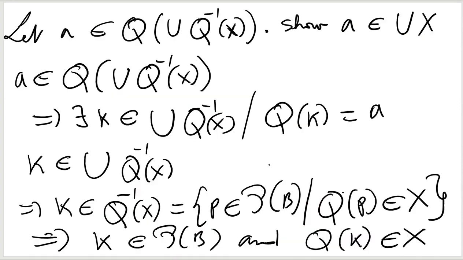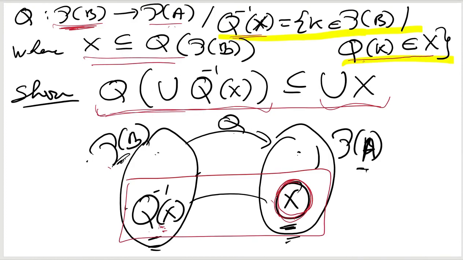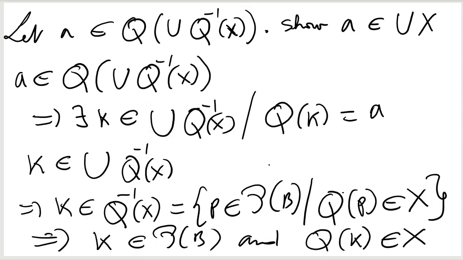Now, to show that this part is a subset of this part, we consider something in this set and we show that it's in the other set. We saw how to show that. So we say let a be in this set, we must show that a is in this.